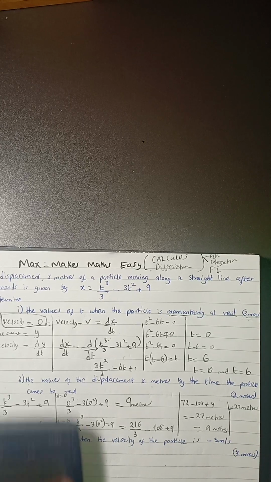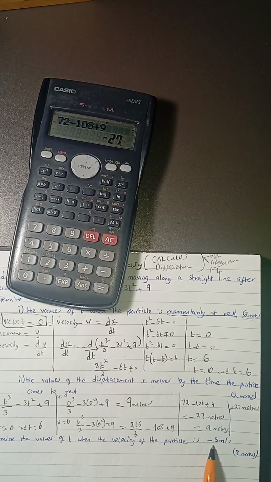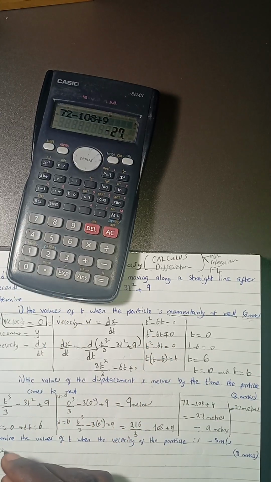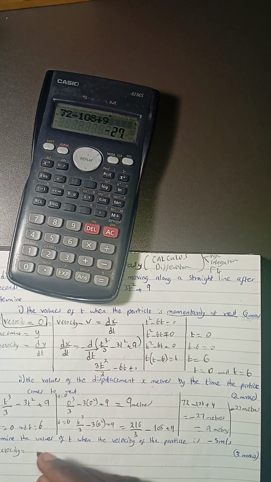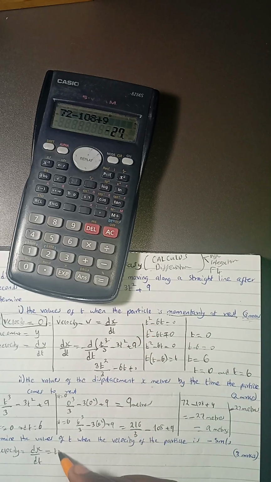So we're again told to determine the values of t when the velocity of the particle is negative 5 meters per second. So we found the equation velocity is equal to dx over dt, and we found dx over dt here as t squared minus 6t.